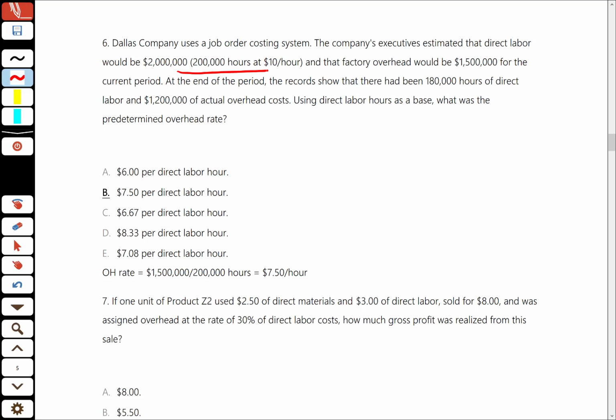It's 1,500,000, the predetermined manufacturing overhead rate, divided by the driver, which is? The 200,000 hours, right?